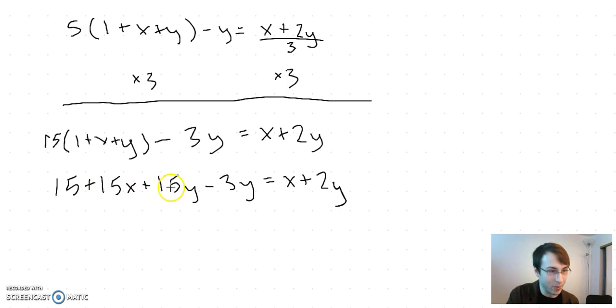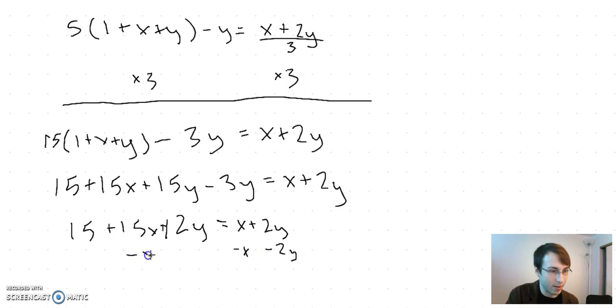And then we can group like terms, like this 15y minus 3y, that's 12y. So 15 plus 15x plus 12y equals x plus 2y. And then let's minus x and minus 2y. Minus x minus 2y.